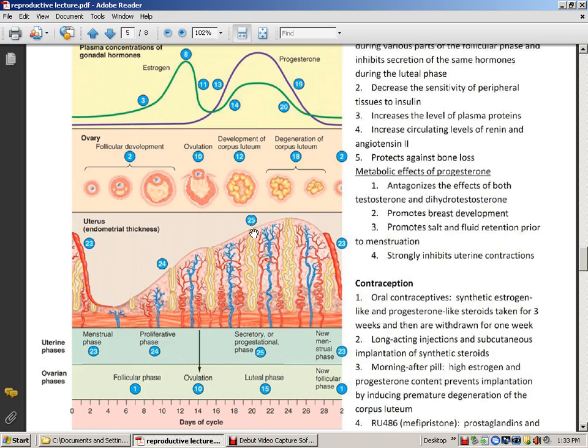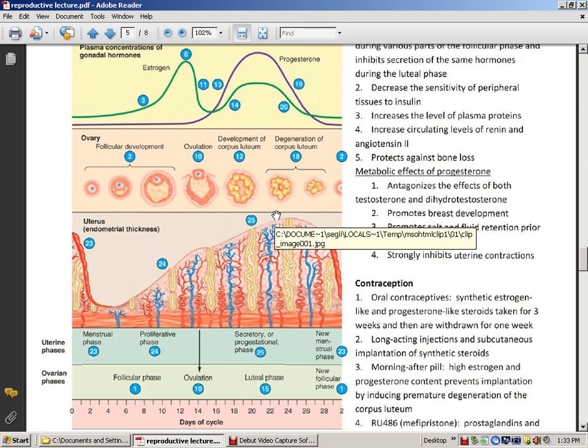Why would progesterone stop estrogen from doing that in the second half of the cycle? If she's trying to get an egg to attach, do you want the uterus jiggling like jello? No. So why does progesterone stop estrogen? So that she doesn't have the contractions of the uterus. So it gives the fertilized egg a better chance of implanting.